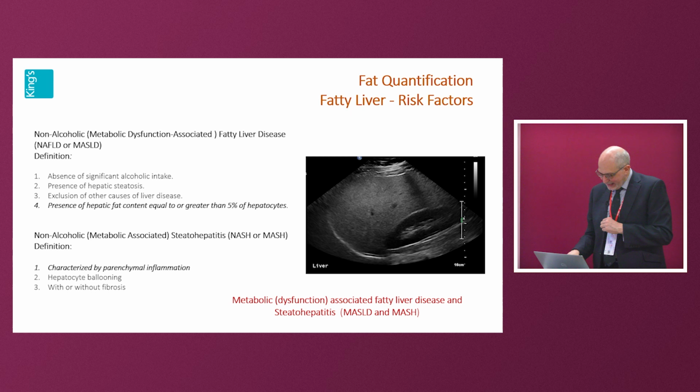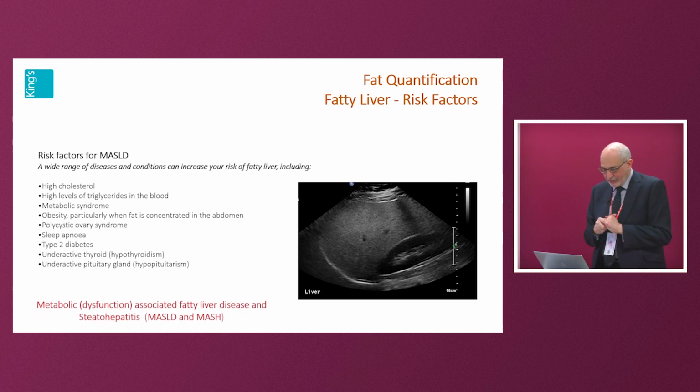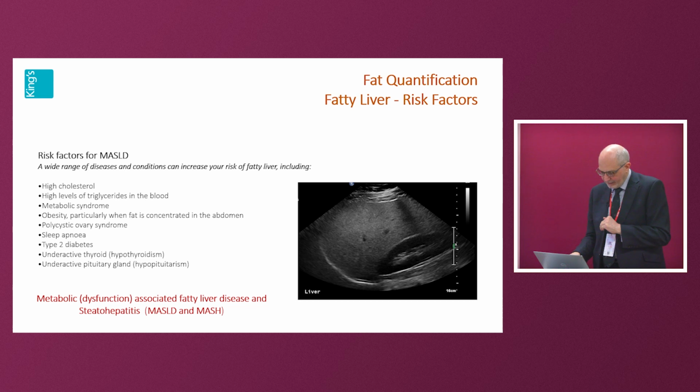So that settled that for you. So we've got it all named. And then again, just associate MASLD with MASH and with all these underlying issues that you have that will alert you to the fact that you've got a fatty liver.